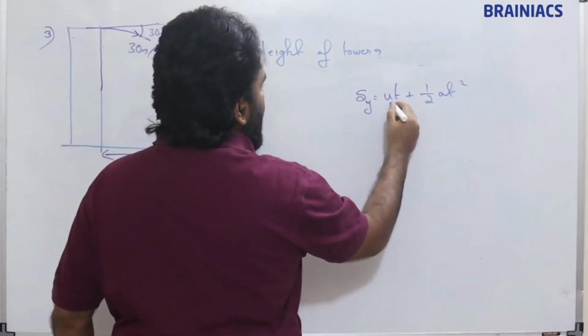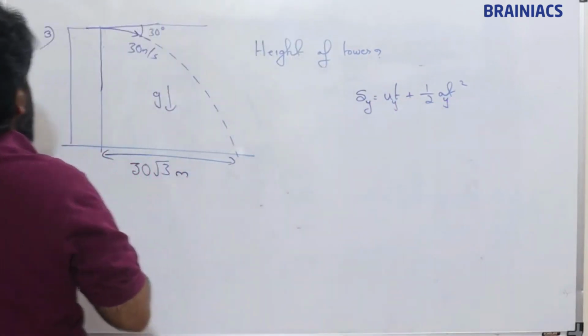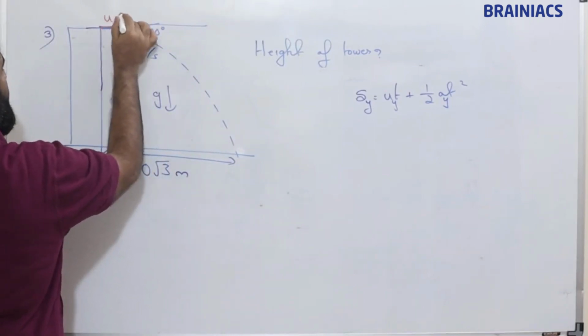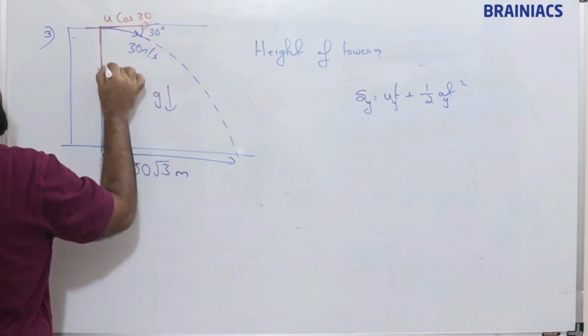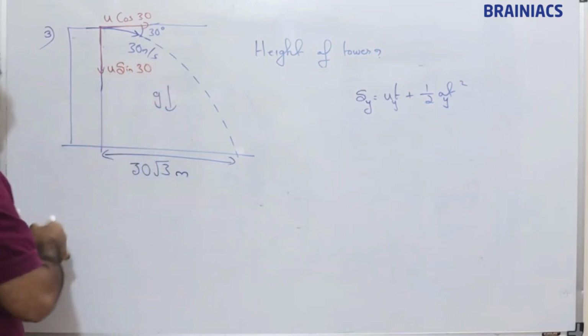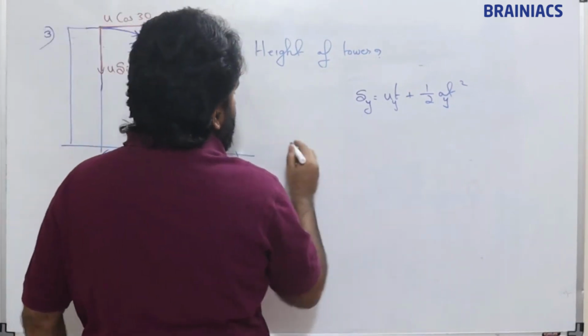So here sy we need to find, so uy, ay, everything in y we need. So this is going to be u cos 30 and u sin 30. We need to find this height.